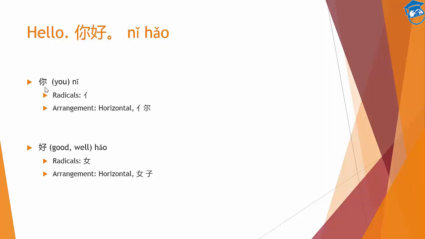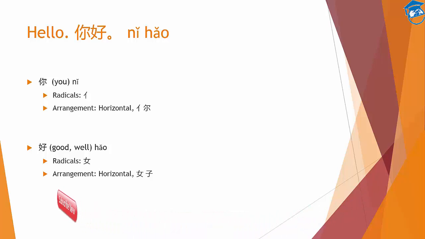Okay, this is how I'm going to introduce each new character. I will show you the computer typing of this word, and then I will show you the English meaning here, and then I'll show the pinyin here. Under this general information, I'll write in radical arrangement so you understand how it is arranged.